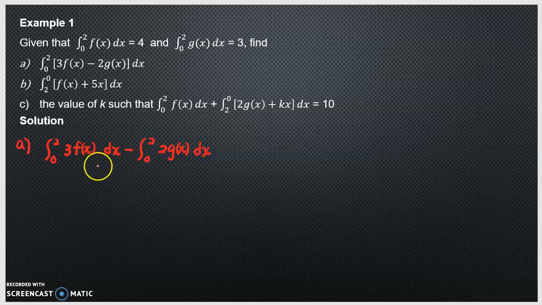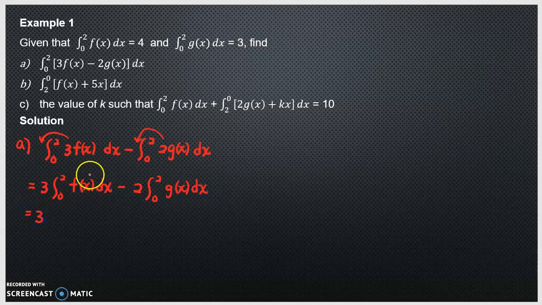So I can separate into two parts. Next, I can move out the constant. So it will become 3 times integration from 0 to 2 for the function f(x) with respect to x, minus 2 times integration from 0 to 2 for the function g(x) with respect to x.